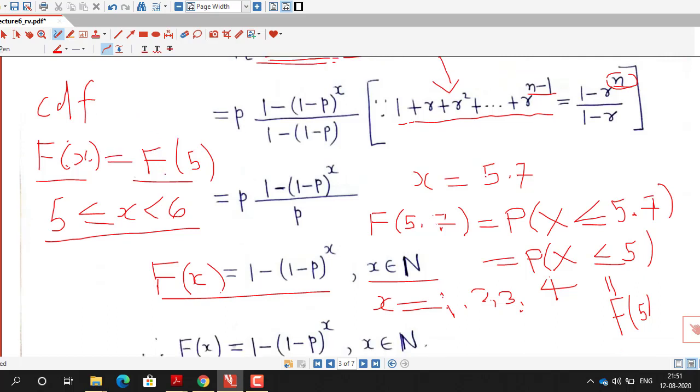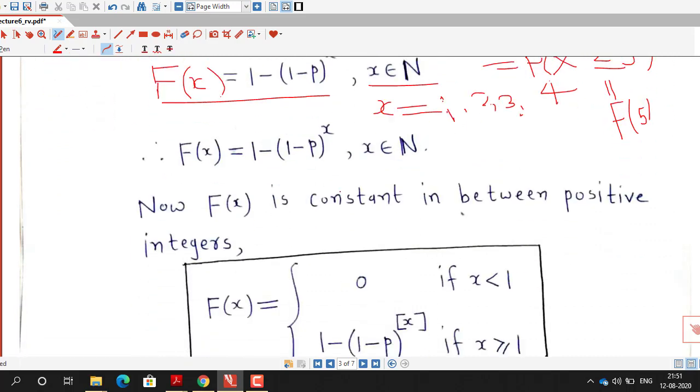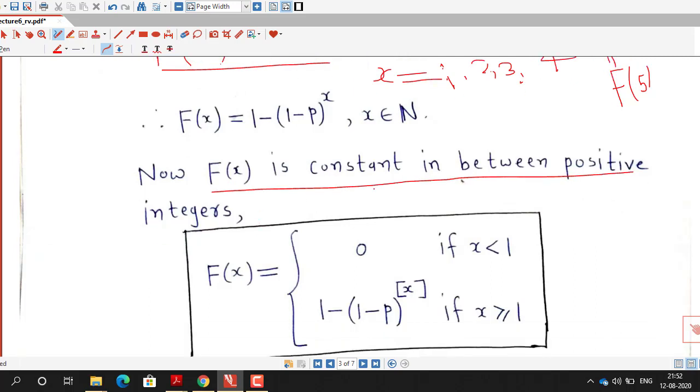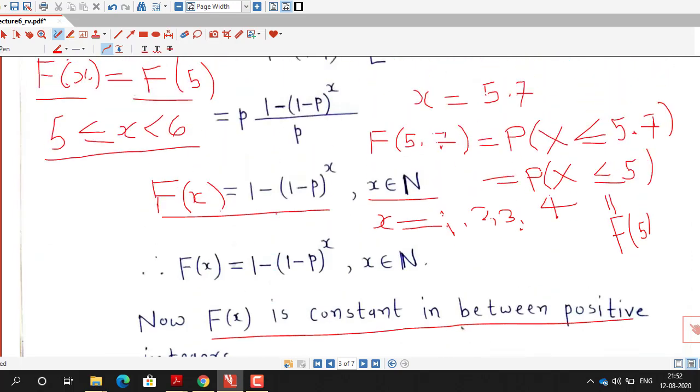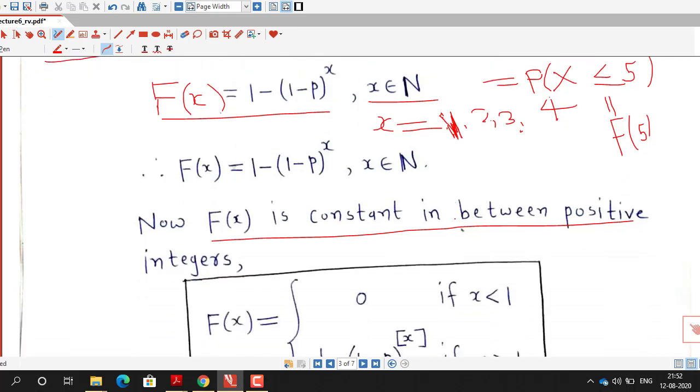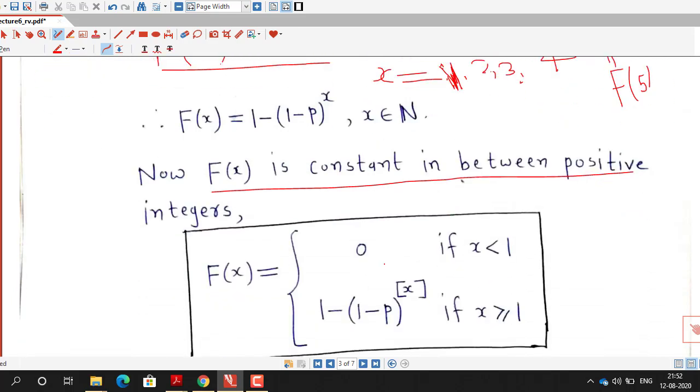So we use this fact. We know that the CDF, that is F of x, is constant in between positive integers. And if x is less than 1, 1 is the minimum value of the random variable capital X, so the CDF is 0.